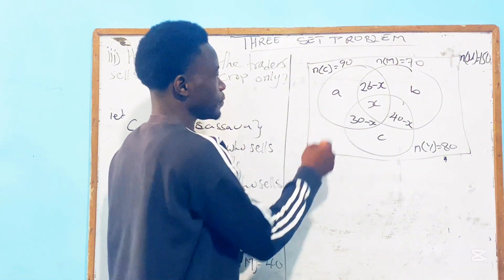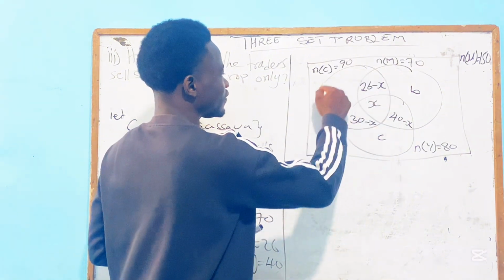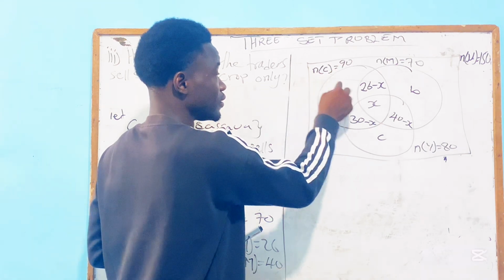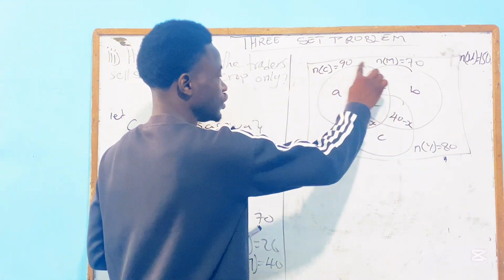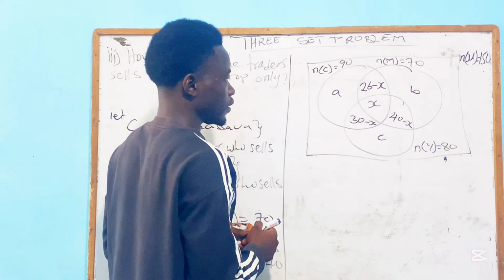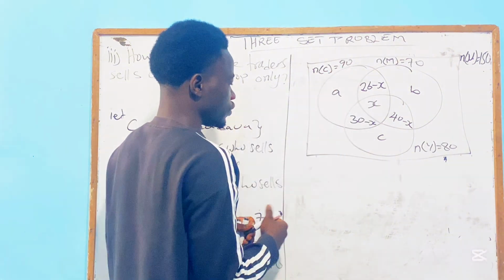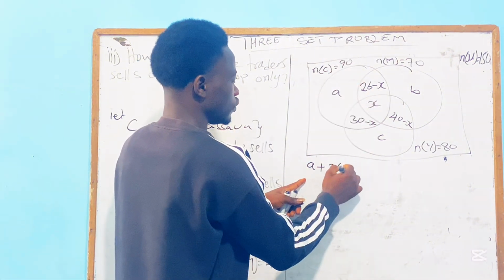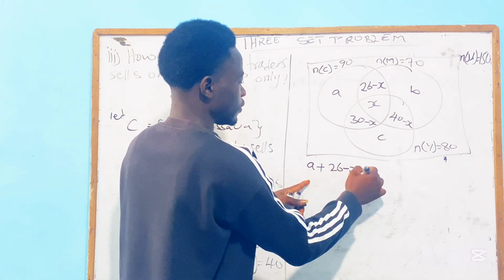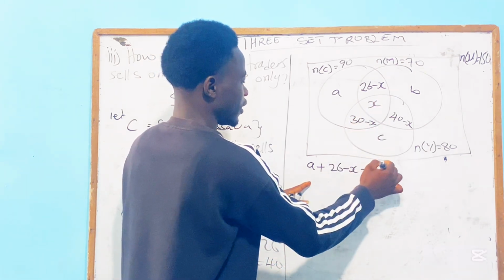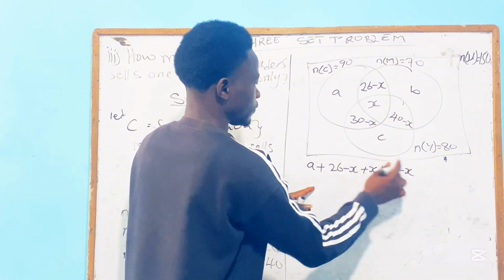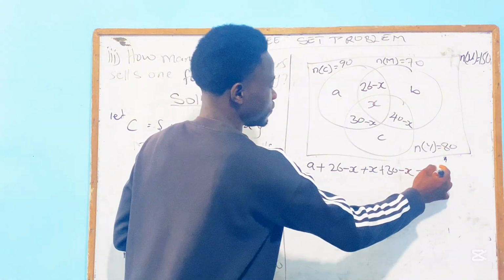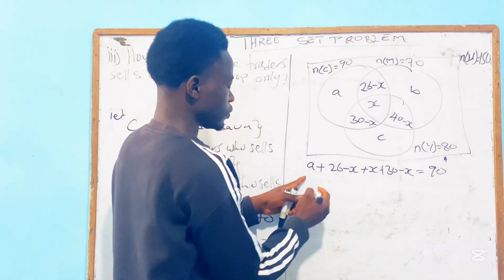Now we find A. If you add every element inside this circle, it must be equal to 90, because those who sell cassava is 90, and the whole of this circle represents cassava. So I add everything there and equate to 90. So it means A plus 26 minus x plus x plus 30 minus x, and this must give me 90.